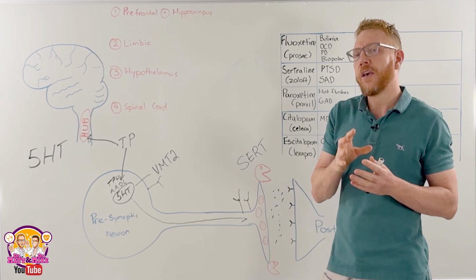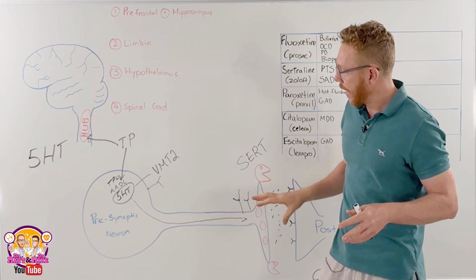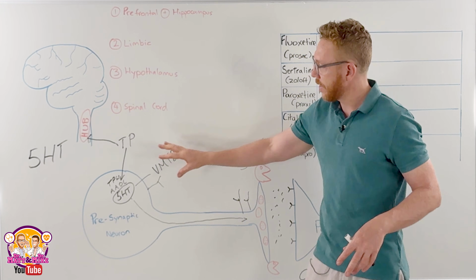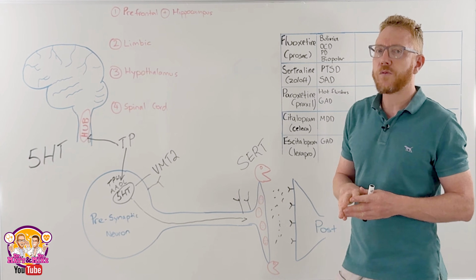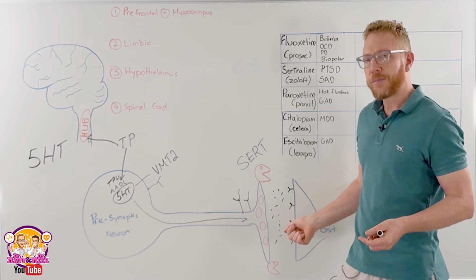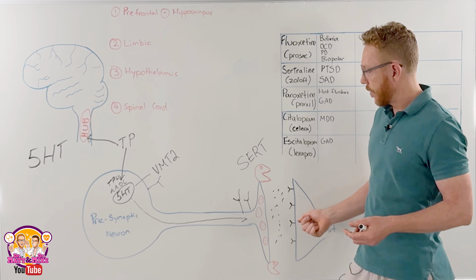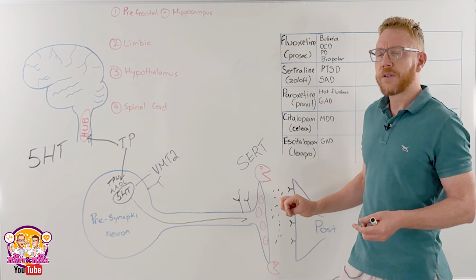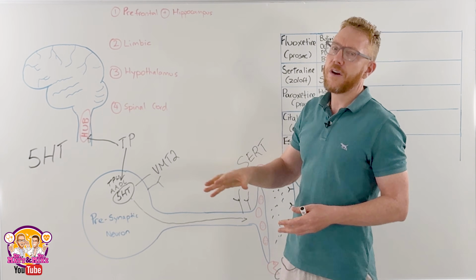One being genetic. So multiple genes may impact the way the serotonergic neurons work. So maybe certain genes change the density of receptors, the type of receptors, the locations of receptors. So that's going to impact the way serotonin affects these.